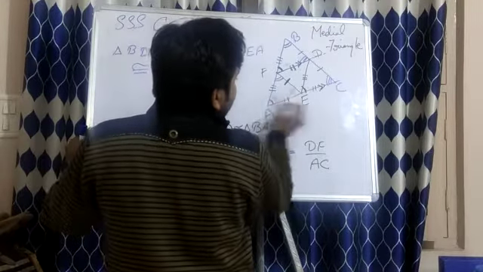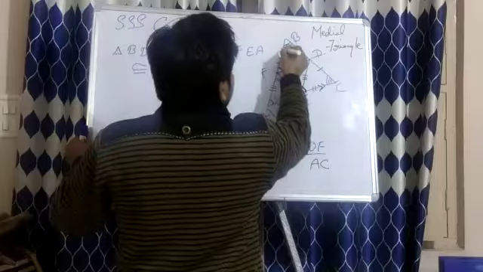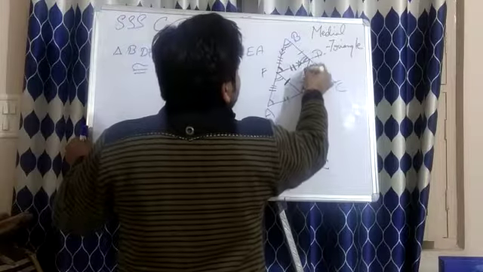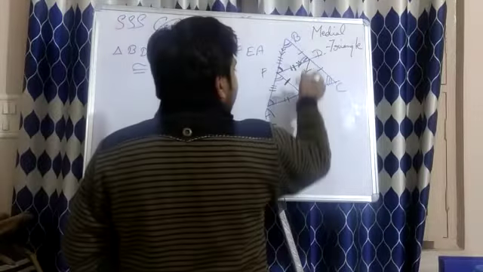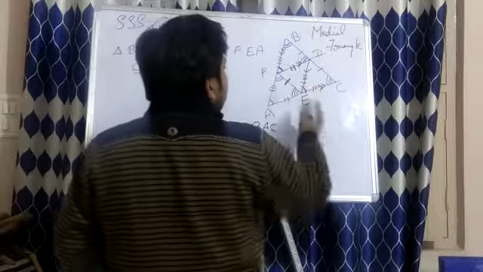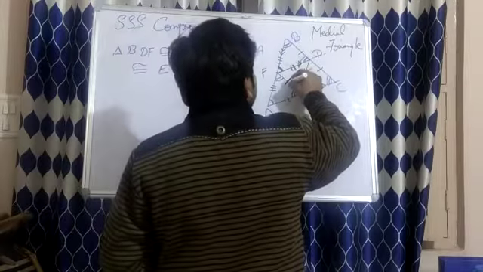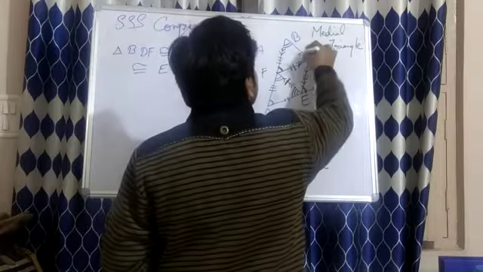Therefore this line is parallel to this line, and this line is parallel to this line. And because this angle will be equal to this one, we can clearly say that this line is parallel to this line.